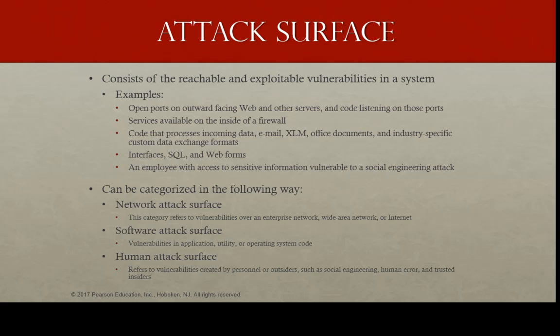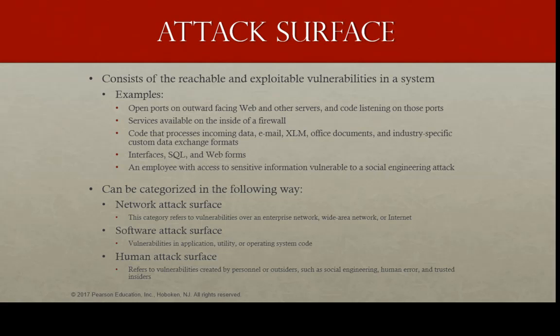Code that processes incoming data, email, XML, Office documents, and industry-specific custom data exchange formats. Interfaces, SQL, and web forms. An employee with access to sensitive information vulnerable to a social engineering attack.